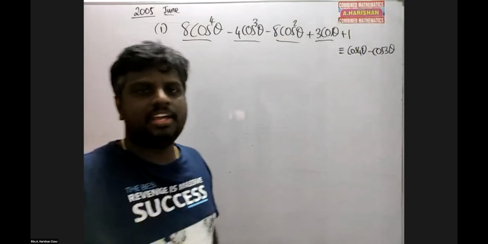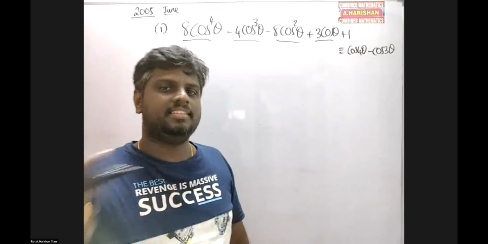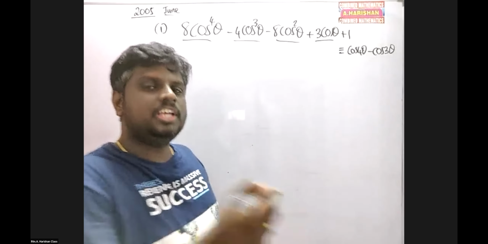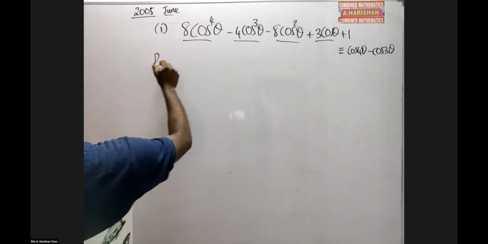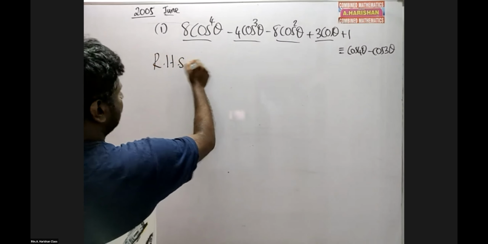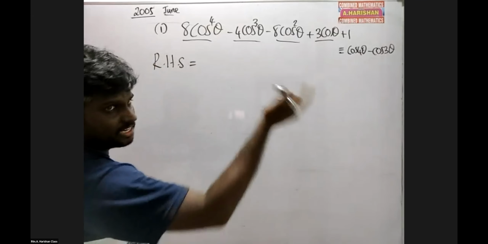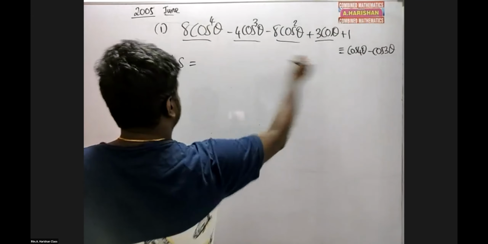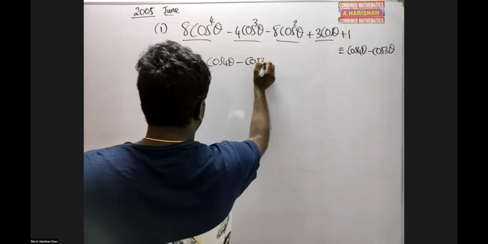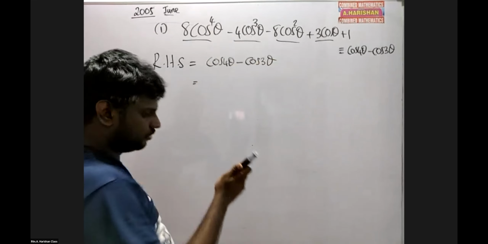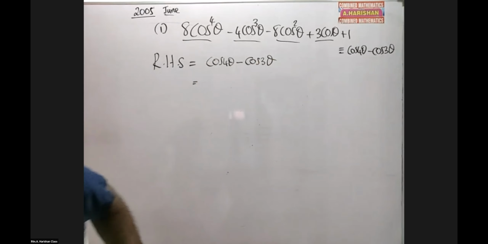You have to factorize, make everything squared and so on. Then only you can go. Because of that, I take RHS. I can do it from LHS also, but this is convenient. RHS: cos 4 theta minus cos 3 theta. So we close this one.